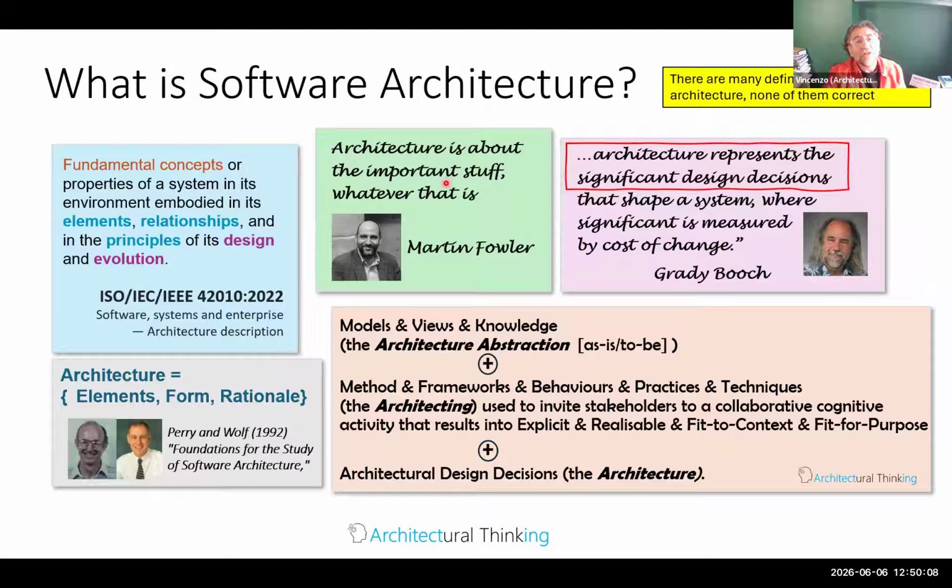Some architectural definitions are less formal than others. I love this one from Martin Fowler: architecture is the important stuff, whatever that is. Grady Booch, this is really interesting because he was one of the Gang of Four. But what he now says is architecture represents the significant design decisions that shape a system.